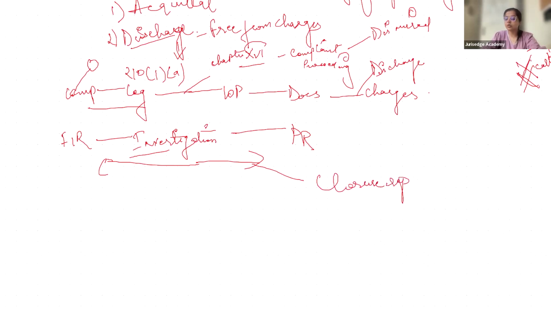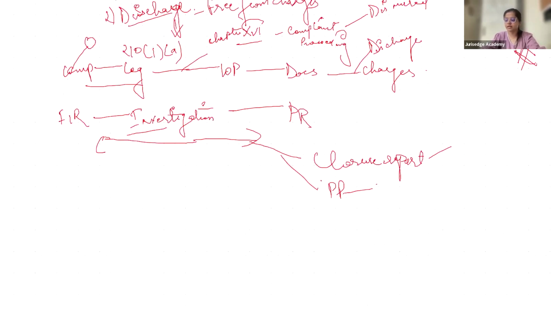As I told you in the Nupur Talwar case, the Aarushi Talwar double murder case, against this closure report, a protest petition can be filed. Protest petition means to protest the closure report, that no, the closure report should not be accepted. There is a case against the accused, because someone who has lost his property or a person near or dear will definitely want the trial to be conducted.